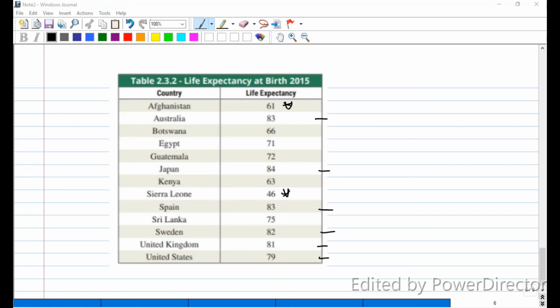If I want to look at ACT scores in the past 10 years for the state of Mississippi and how it's progressed or regressed, increased or decreased, then that would be time series data. Does that make sense? Two different types of data.